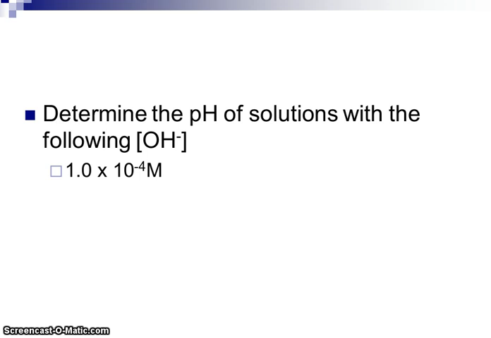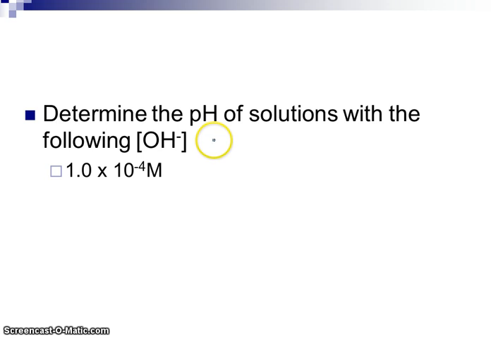But we also could take the hydroxide ion concentration and plug it into our Kw expression to find the hydronium ion concentration, and then take the negative log of that, and that would also give us our pH. And it doesn't matter which way you do that. So I'm going to do it the first way.